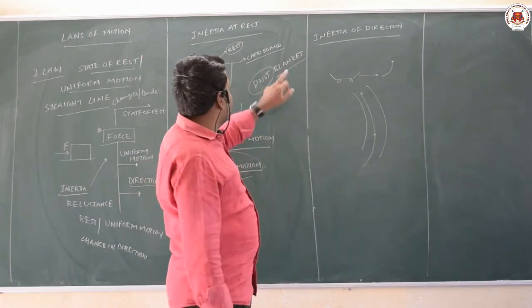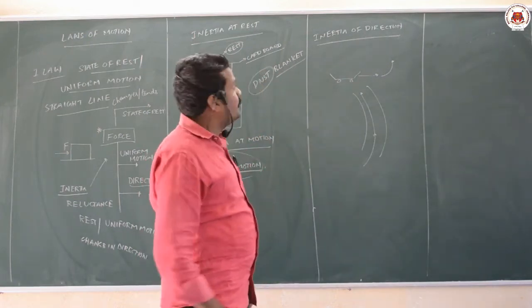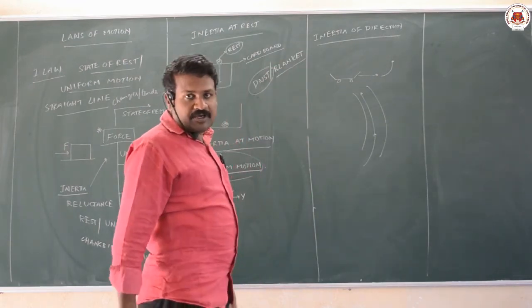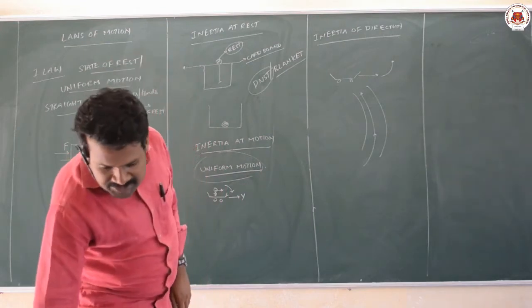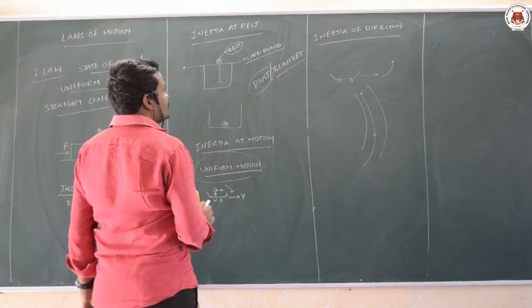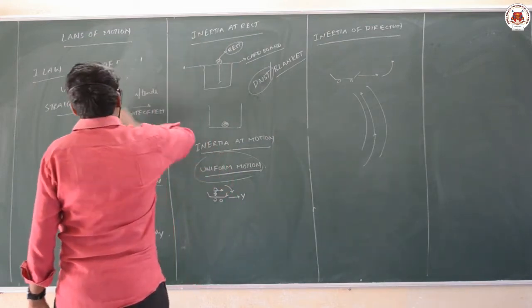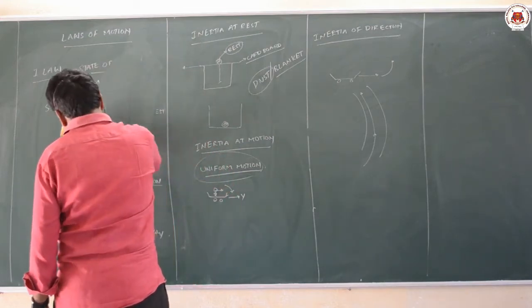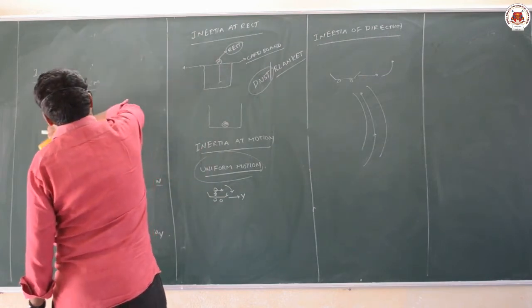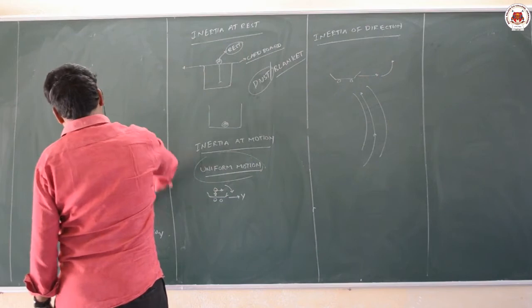That's why blanket and dust will be separated by the principle of inertia at rest. So first law of Newton defines a new physical quantity which is known as force. Force is the physical quantity which is responsible for the cause of motion. The cause of motion is force.